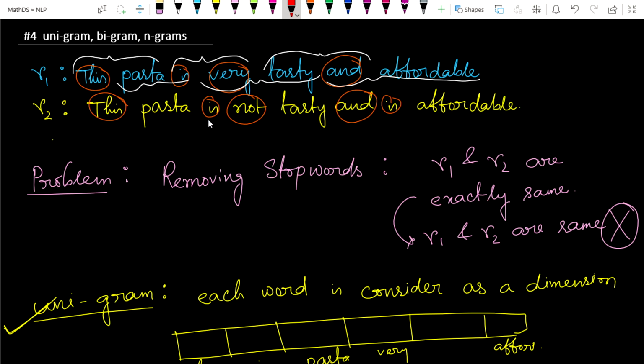But I think from these discussions you understand the importance of bigrams and n-grams, why these are needed to convert text to vectors, and what the main drawback is. In the next video we will see how to develop TF-IDF techniques to convert text to a vector and what its advantage is over bag of words.